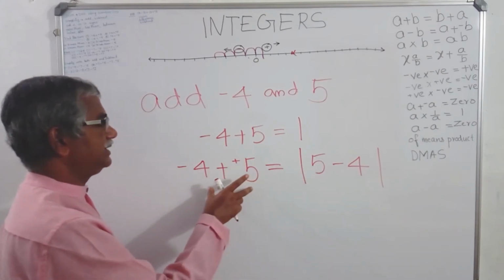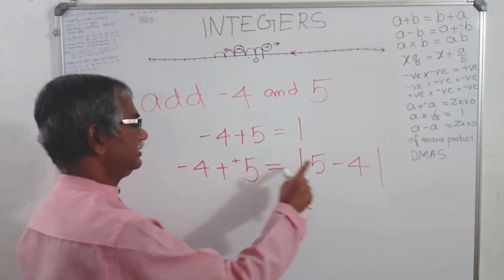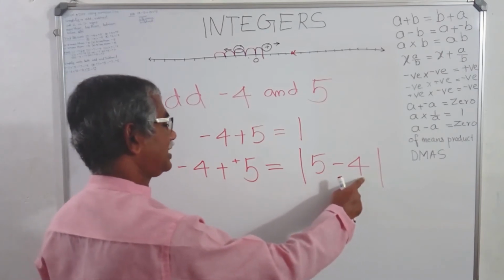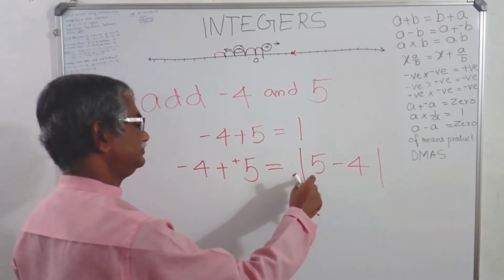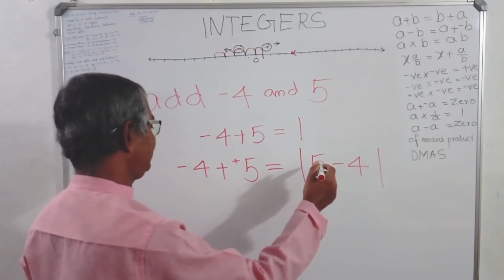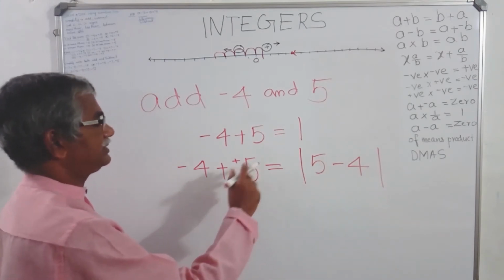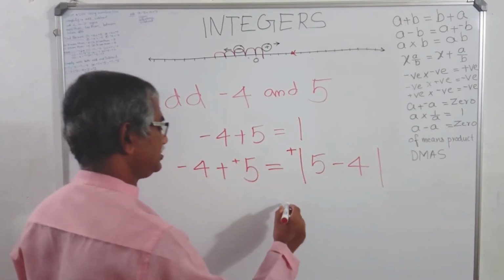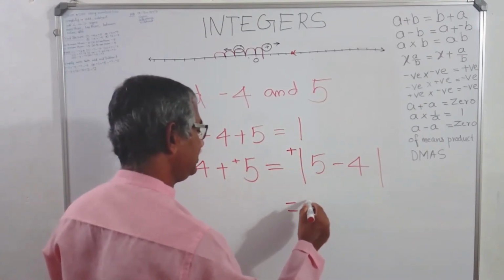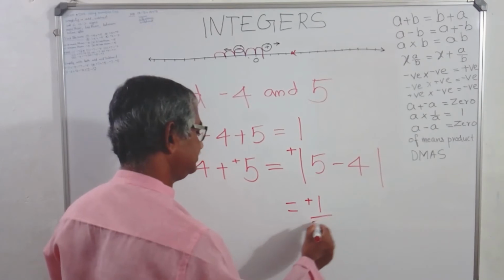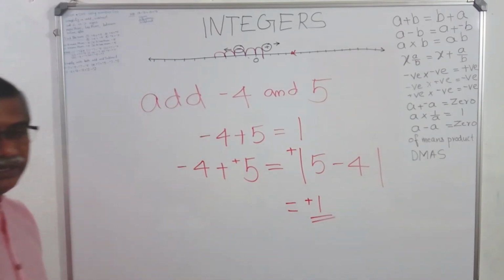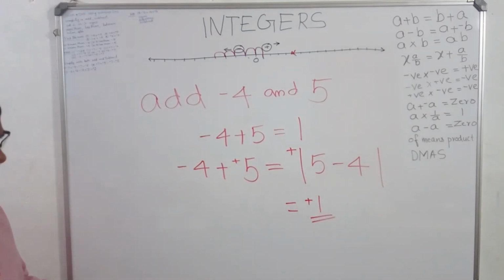We are taking the difference. Difference means subtract the smaller number from the larger. The answer will be 1. Then we have to put the sign of the number with the larger absolute value, that is positive. So the answer will be +1. I hope you know it well.